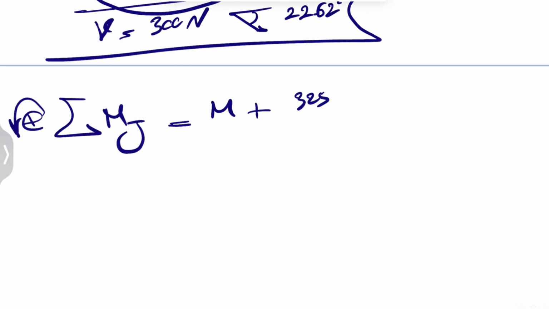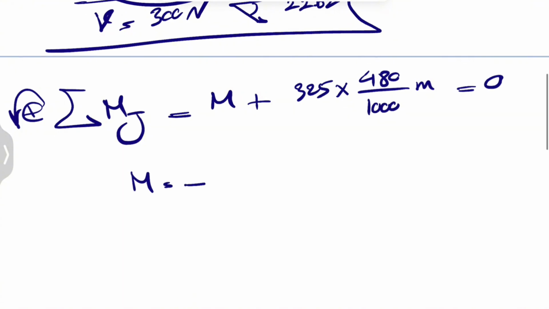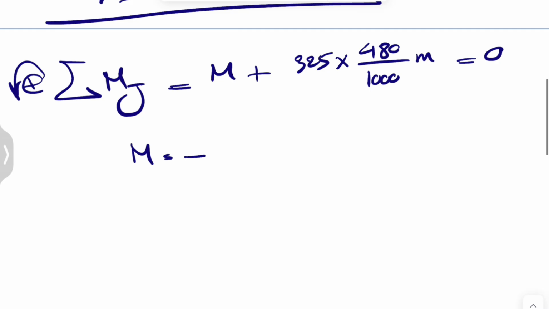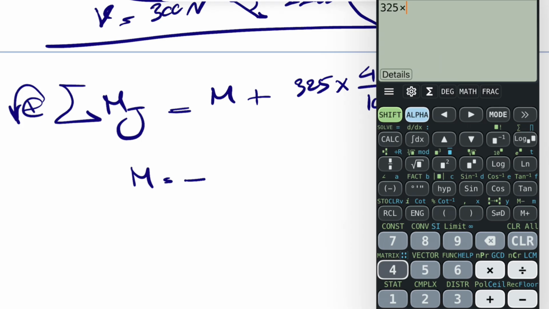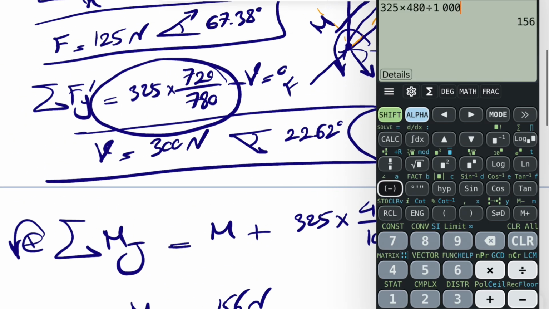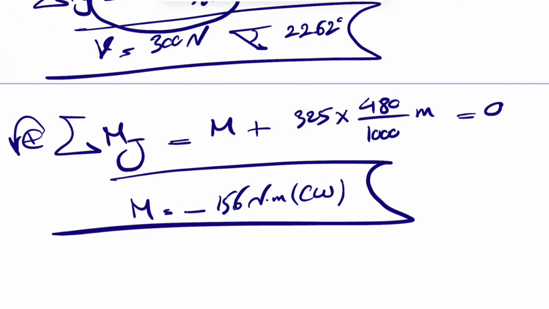So 325 times the distance, 480 divided by 1000 in order to get it in meters, equals 0. So M equals minus 325 times 480 divided by 1000, which is minus 156 Newton meter. The negative sign shows that the moment is actually clockwise. So that's the final answer for this question.